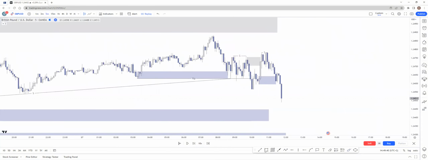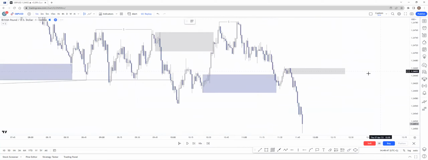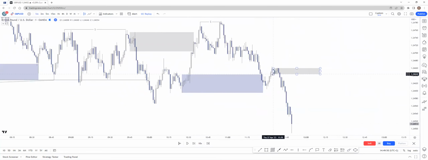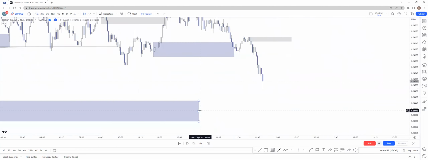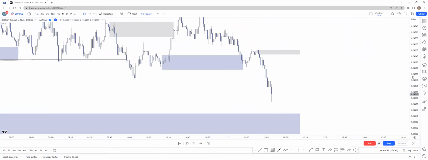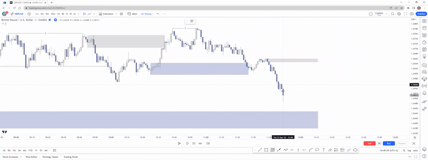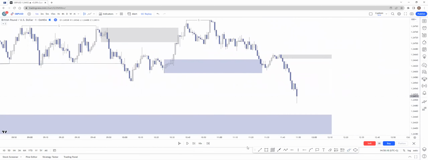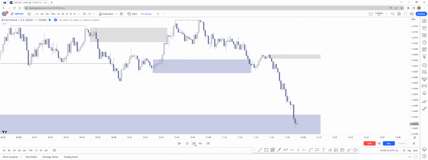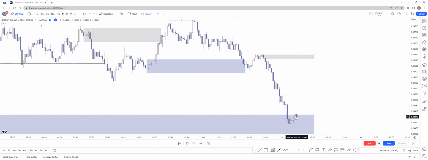Technically, this zone caused the flip of the 5-minute demand, and technically it has this 1-minute refinement, but the point is we have 10 minutes left from the session, and I don't really believe that price will give us a confirmation entry here or build up liquidity here, and we can take a short from here because we do not have enough time left from the session. So yeah, and actually session closed with this candle right here.